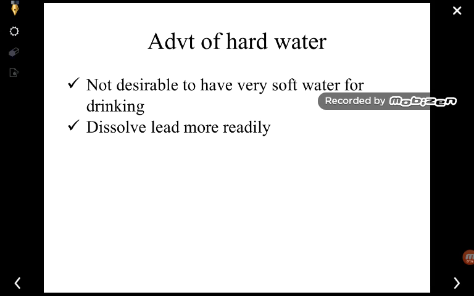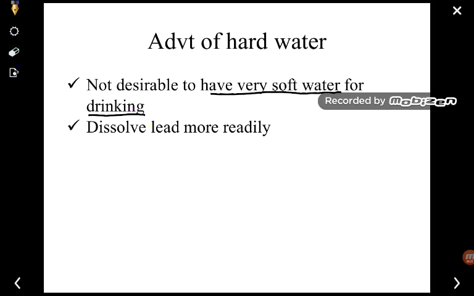So till now we have seen the advantages of soft water, but still hard water has certain advantages. One of them is that it is not desirable to have very soft water for drinking, because some quantities of calcium salts are required for the growth of the human body, and these can be supplied by means of hard water.